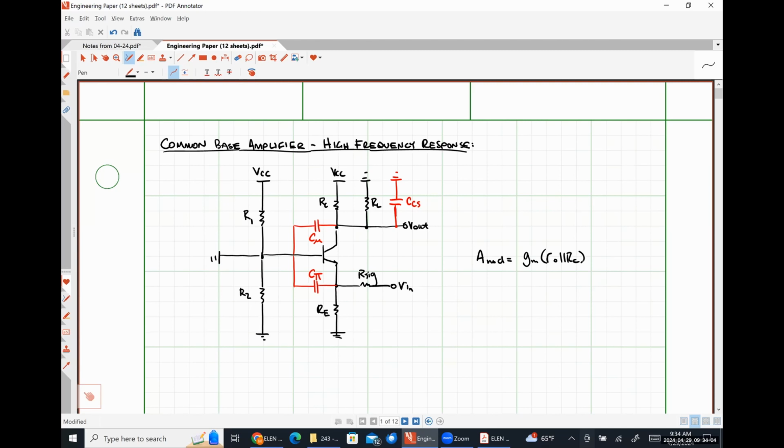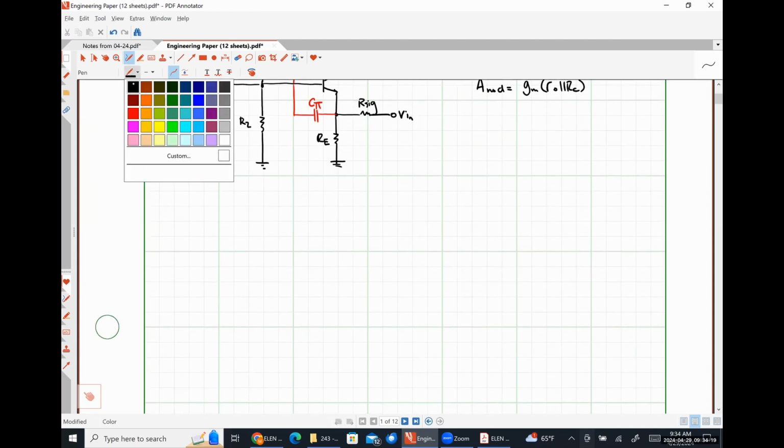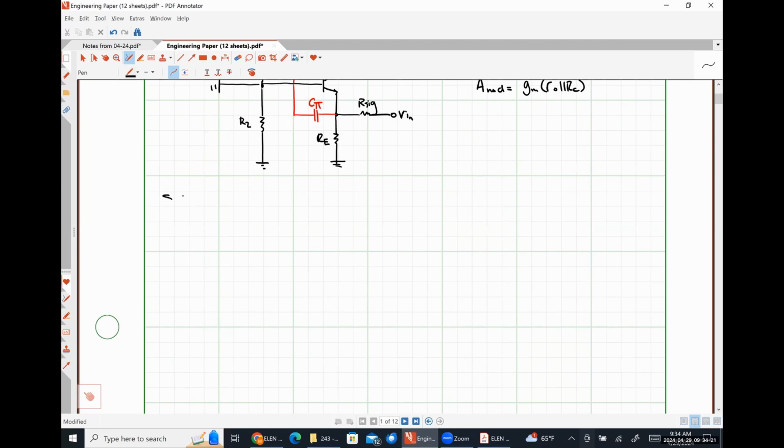My capacitance C pi is between my emitter node and ground. So I'm going to put that in parallel with my resistance RE. And so my first pass at my small signal model, because we're going to simplify this, should look something like this.